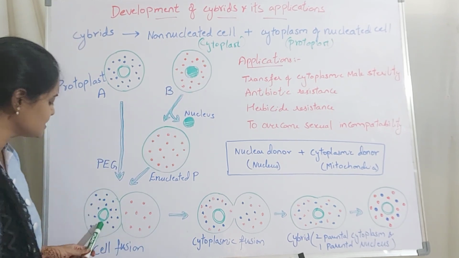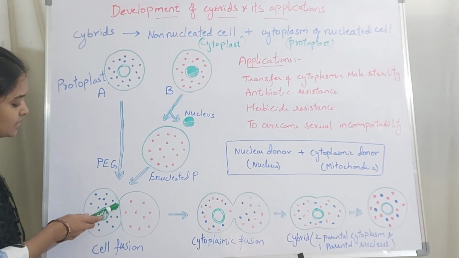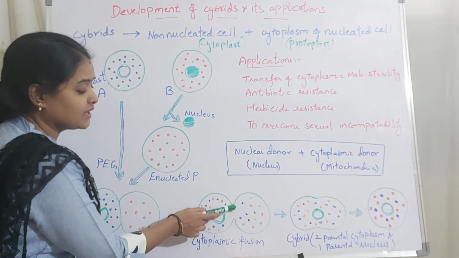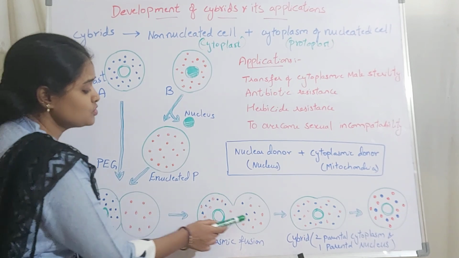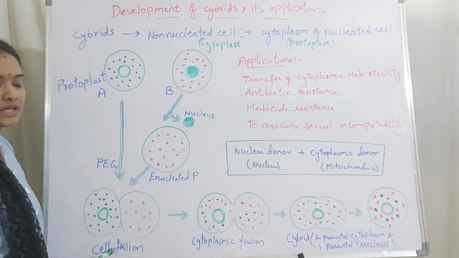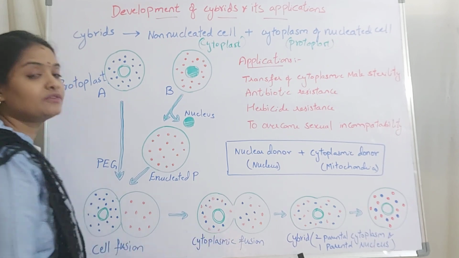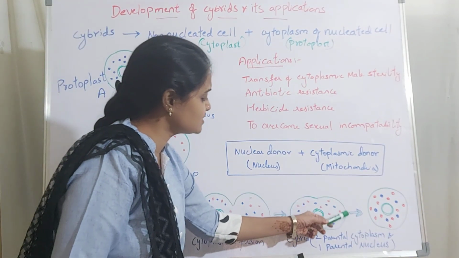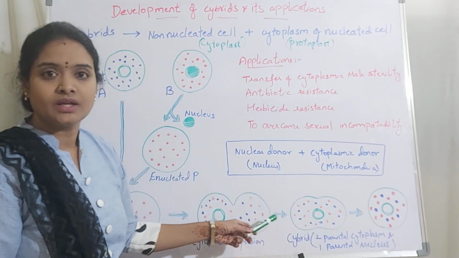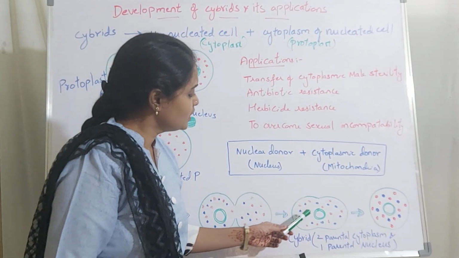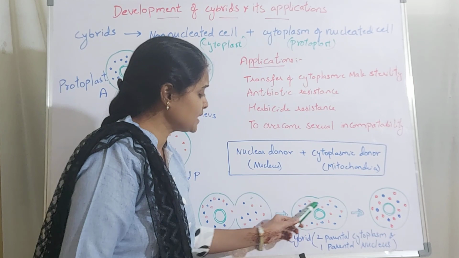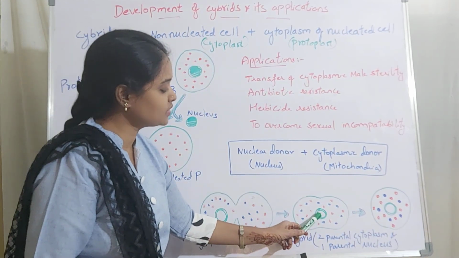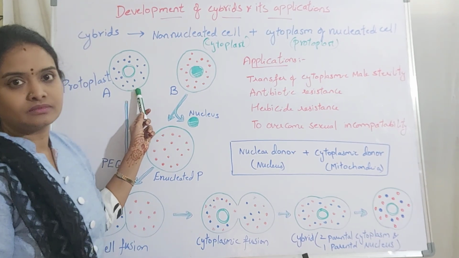So once there is cell fusion, gradually the plasma membrane present in between both the cells will get dissolved and there is fusion of cytoplasm. That is referred to as cytoplasmic fusion. So once the cytoplasm fuses, you can see a larger cell, right, which consists of the fused cytoplasm of both the cells A and B and the nucleus of only A. Is that clear?